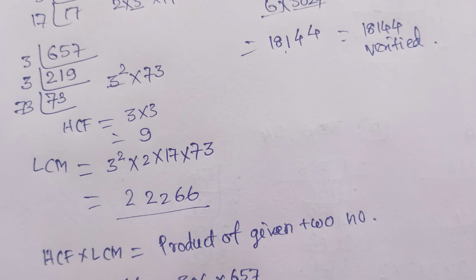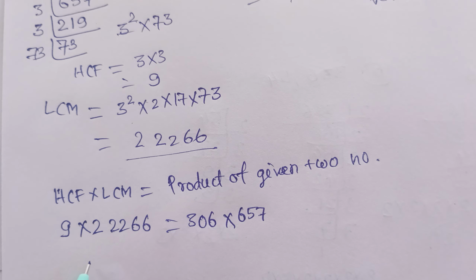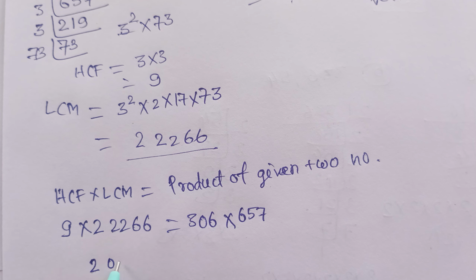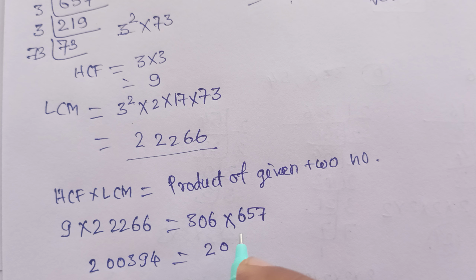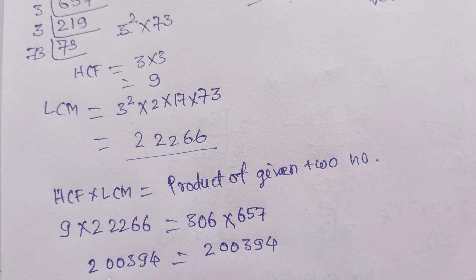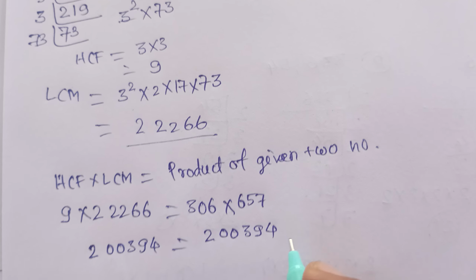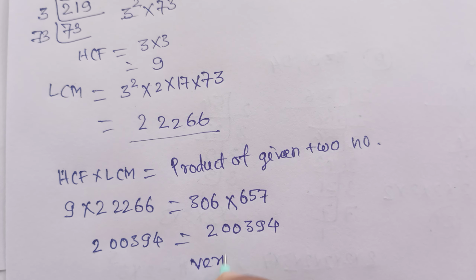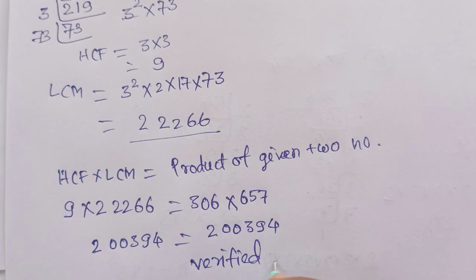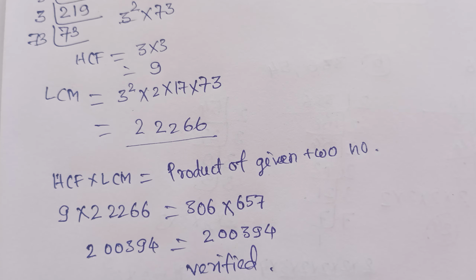If you multiply, you will get the same number, 2,220,394 on both sides. Correct? So this is verified. This is the verification.